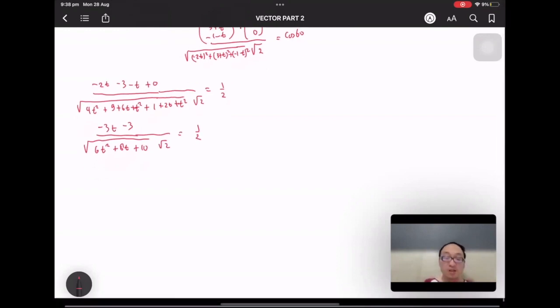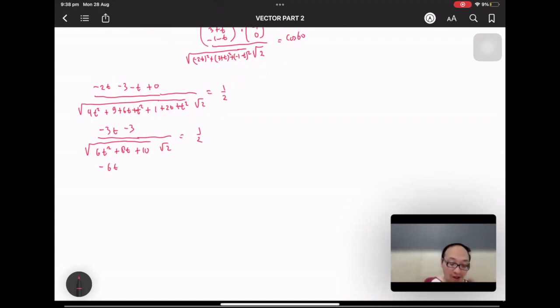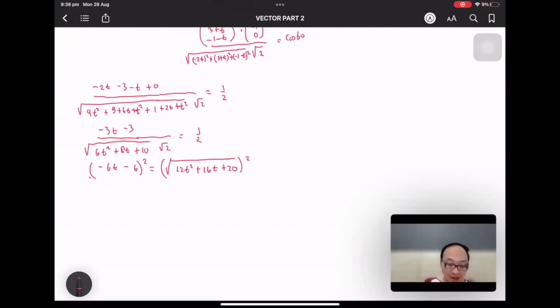Then cross multiply. Negative 6t minus 6 equals root of, I can multiply by 2 here, 12t squared plus 16t plus 20. To remove the root, I have to square both sides. So it becomes 36t squared plus 72t plus 36 equals 12t squared plus 16t plus 20.